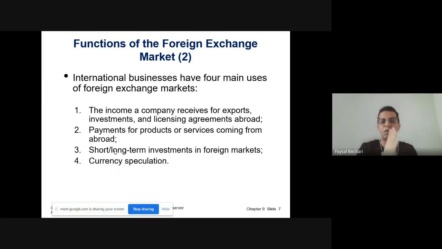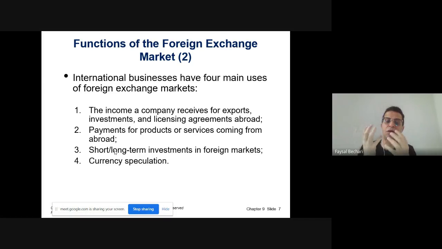Now, international business has four main uses for foreign markets, as we said. We said in the beginning that you need to know about foreign currencies and exchange for these reasons. The first is the income a company receives from export, investment, and licensing agreements abroad.